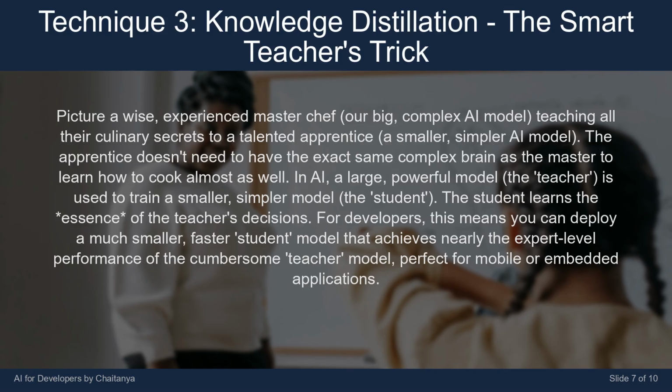In AI, a large, powerful model, the teacher, is used to train a smaller, simpler model, the student. The student learns the essence of the teacher's decisions. For developers, this means you can deploy a much smaller, faster student model that achieves nearly the expert-level performance of the cumbersome teacher model, perfect for mobile or embedded applications.